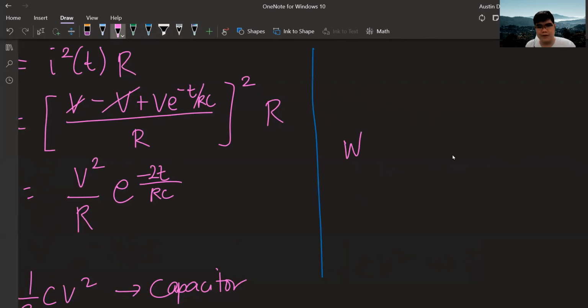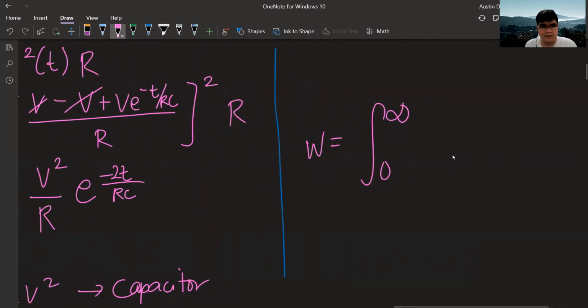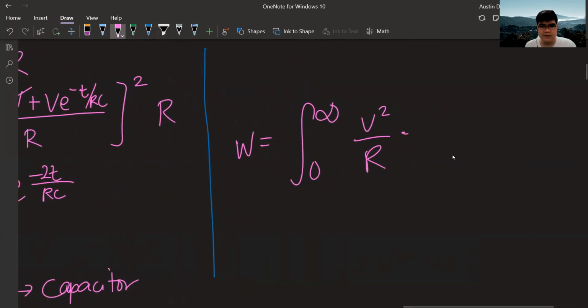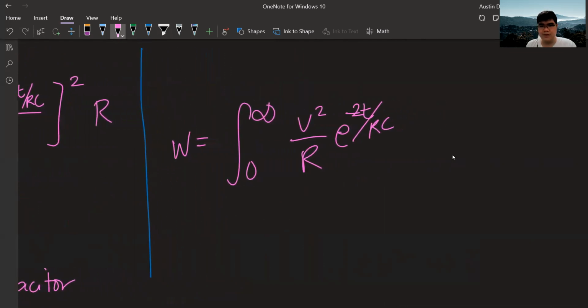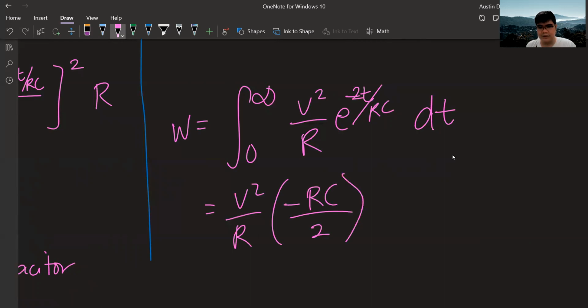And then the total energy that is being consumed by the resistor: what is the power? So we integrate it over all time. V squared over R times e raised to negative 2t over RC dt. V squared over R times RC over negative 2, and then I have to evaluate this from 0 to infinity.